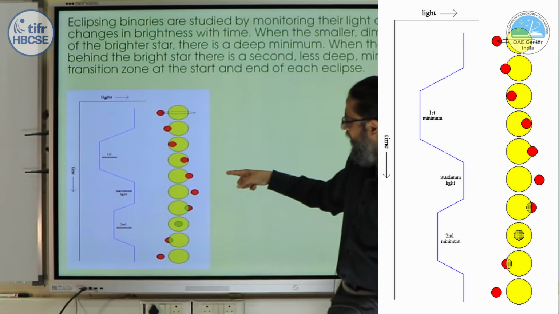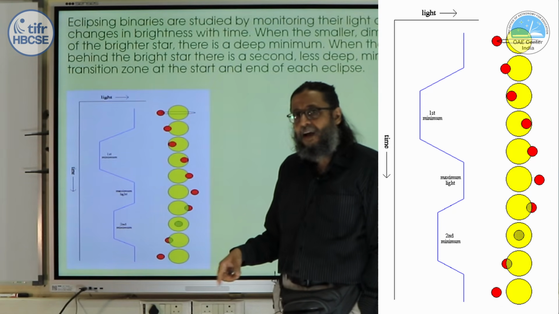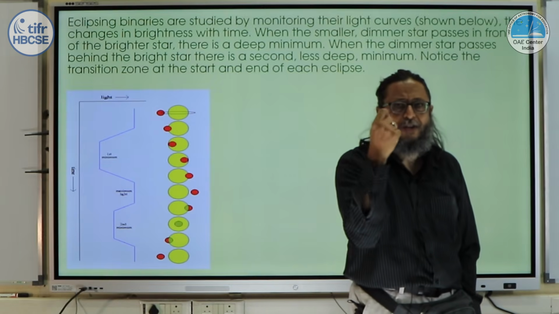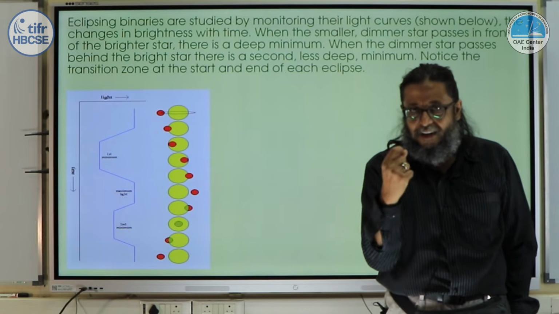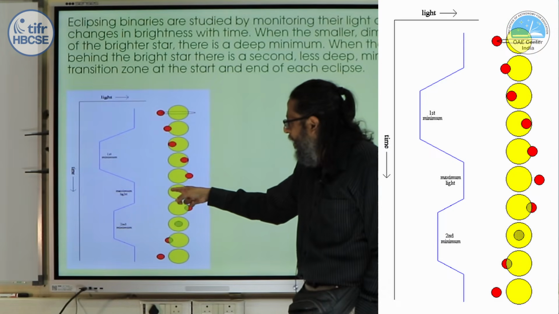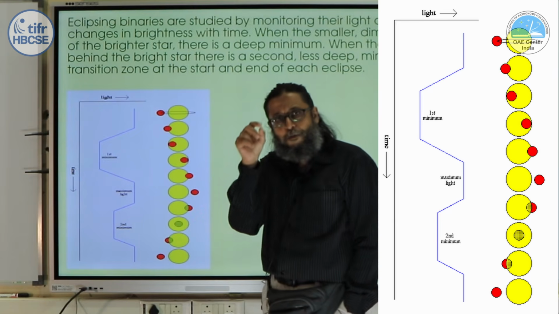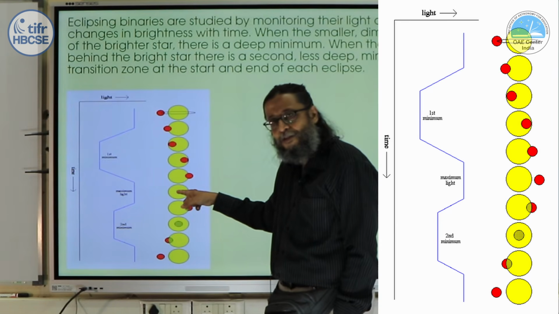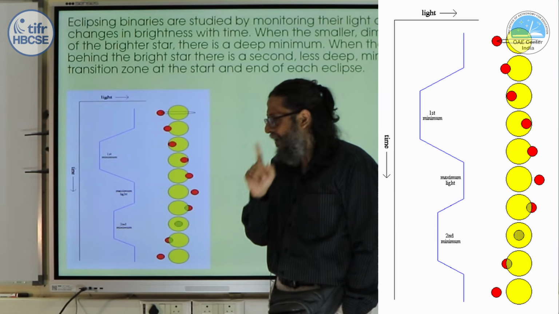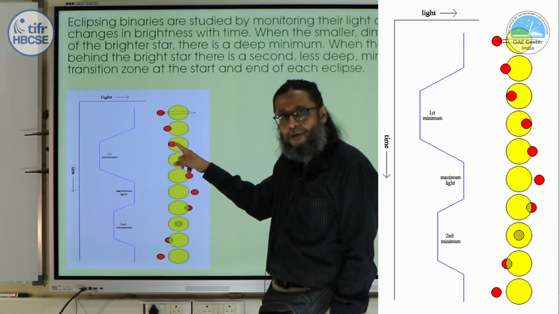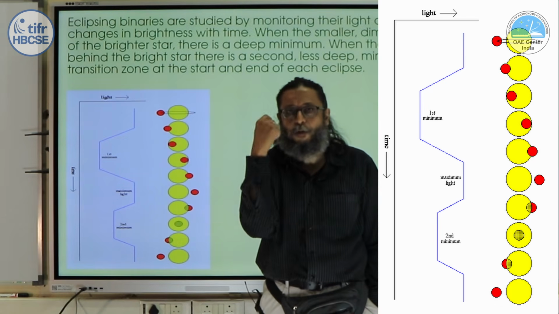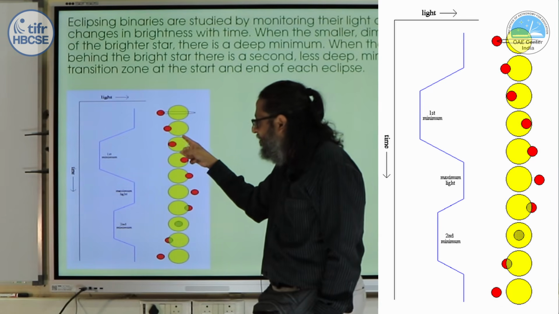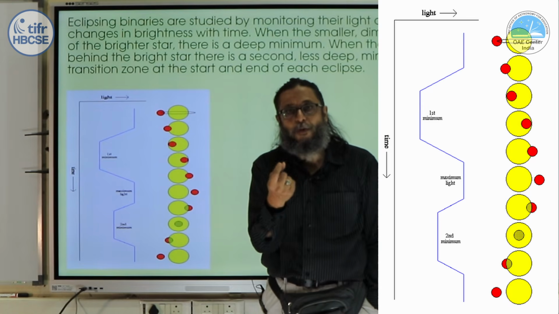But if my larger star has more luminosity, then what will happen? The amount of light coming per unit area from this surface is more, and hence when it gets obscured, the amount of light blocked from this area per unit area is more.